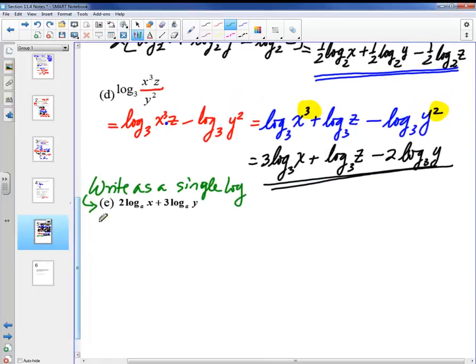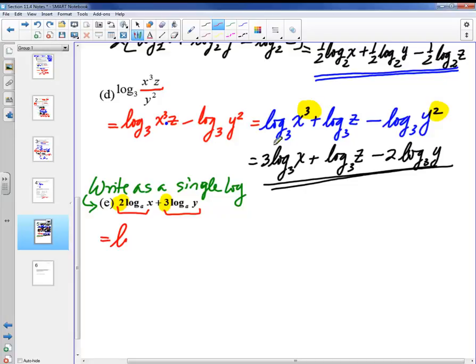So we think about order of operations. And this means 2 times the log base a of x plus 3 times the log base a of y. So the multiplication would come first in the order of operations. So think about how we could get rid of that 2 and that 3, and you might think actually about the power rule, but in reverse, the opposite of what we're doing in here.